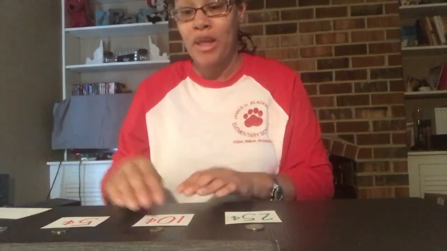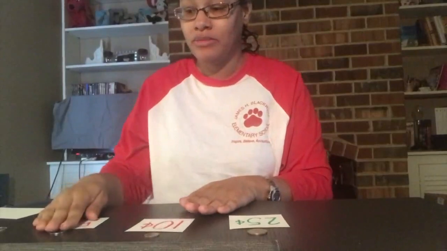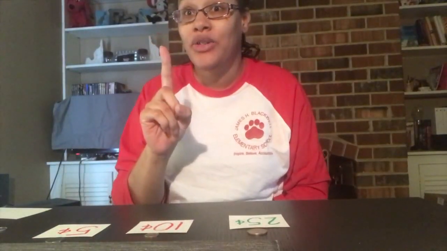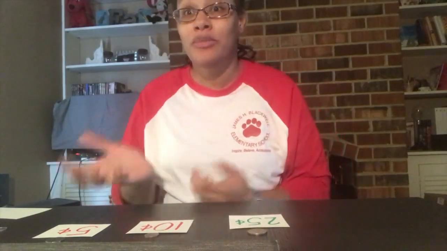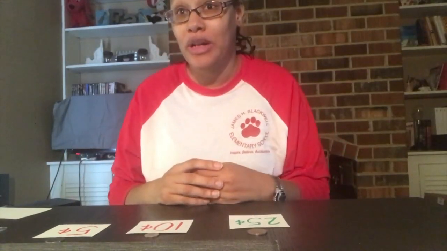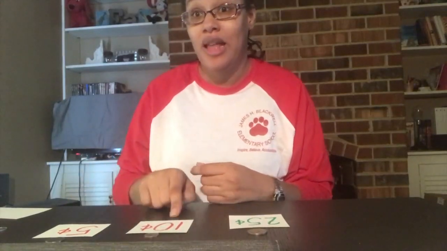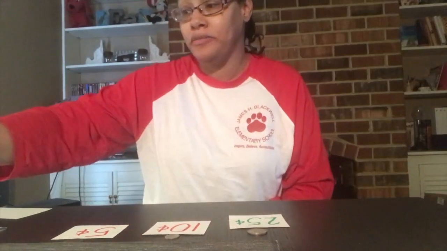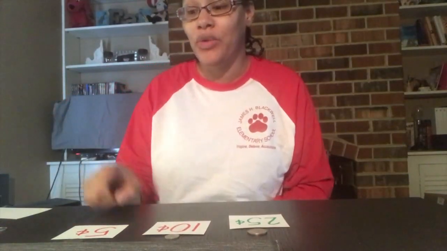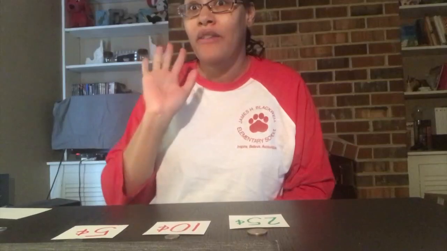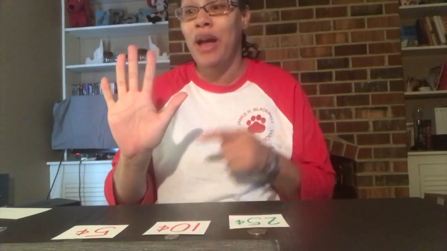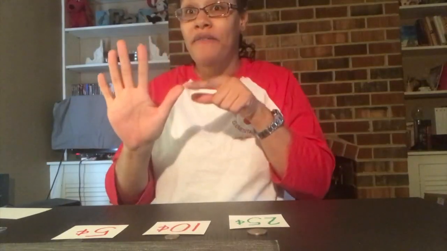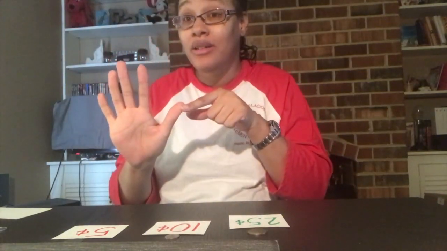Okay, so we're going to need lots of these pennies that are worth 1 cent to show each value. A penny is worth 1 cent. So that means we're going to have to count multiple pennies to show 5 cents, 10 cents, and 25 cents. Okay, so let's start off with the nickel. It says a nickel is worth how many? 5 cents. So if we're counting by ones, that would be 1, 2, 3, 4, 5 pennies.